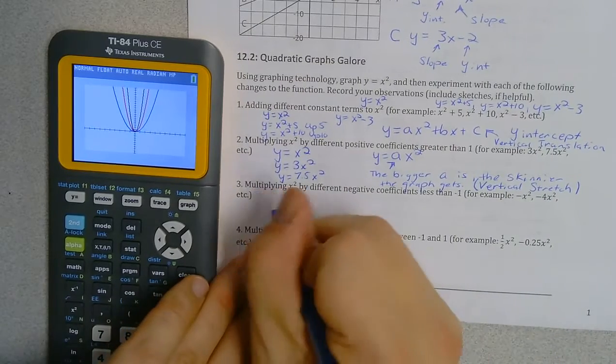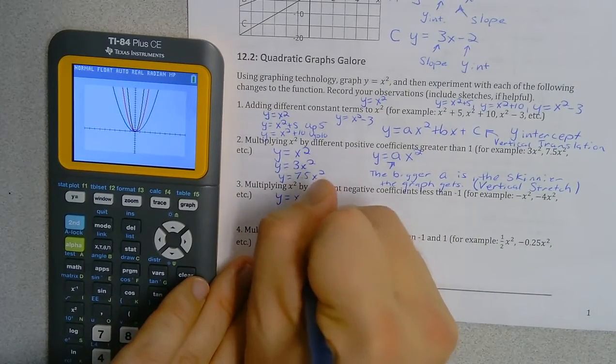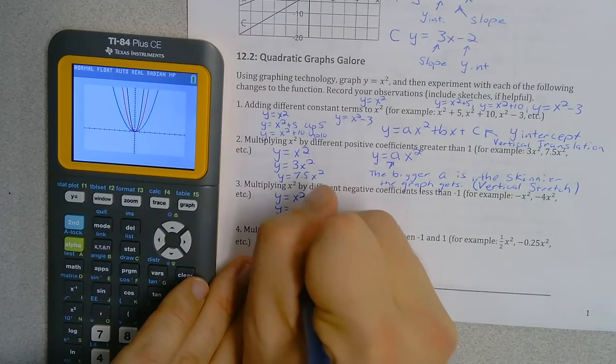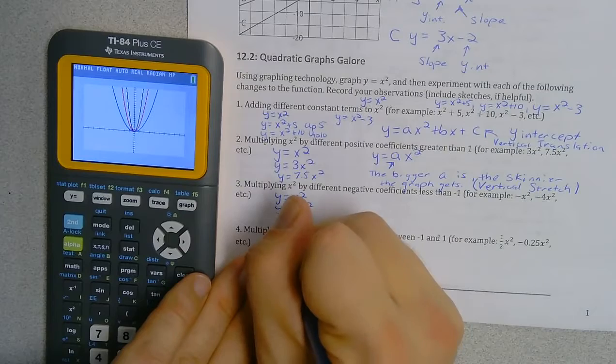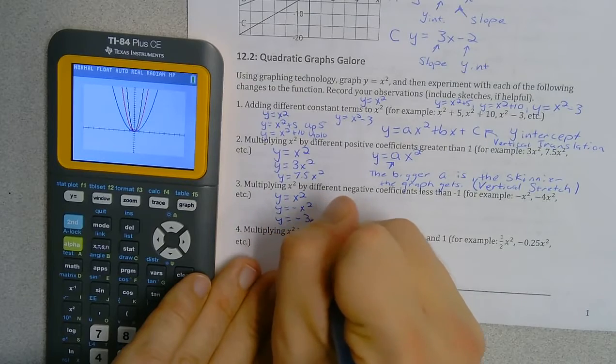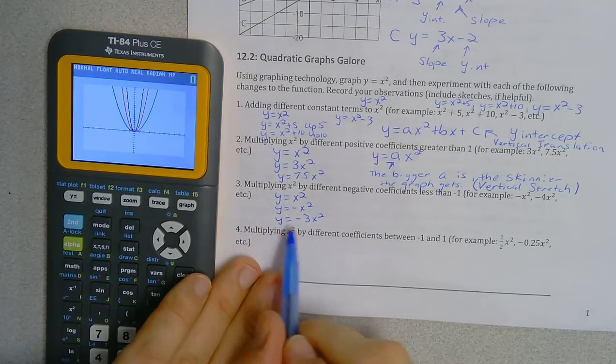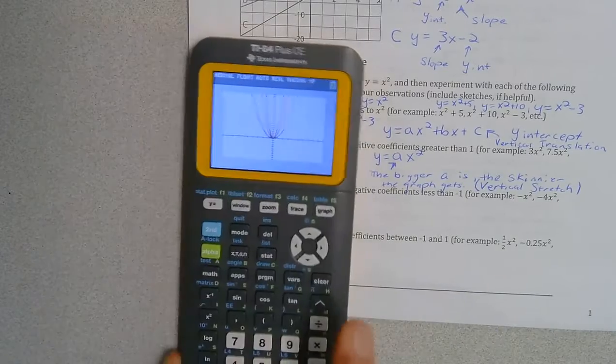So we're going to do y equals x squared, y equals negative x squared, and y equals negative 3x squared, and then we can see what's going to happen from there.